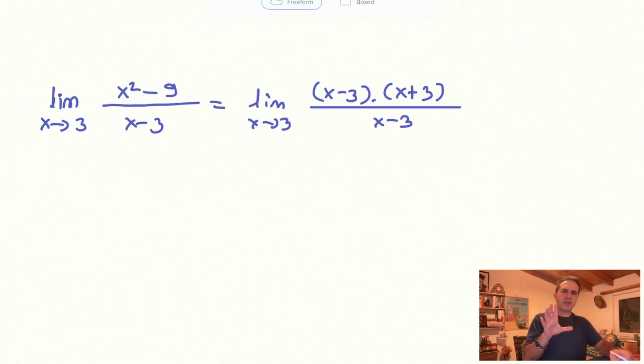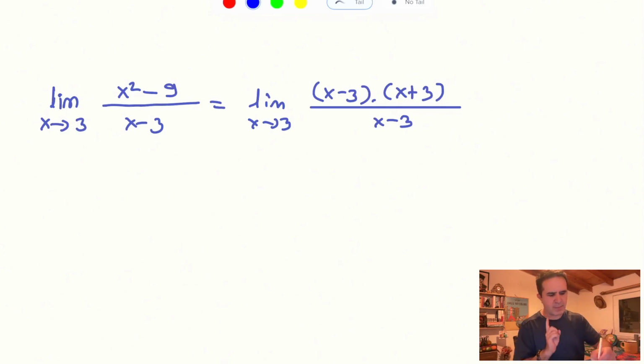I say that x approaches 3. x is not 3, and x minus 3 will never be 0 because we are talking about limits. In limits, we ignore the number 3 here. We just know that x is closing in on 3.